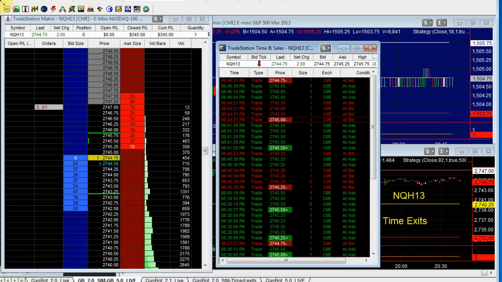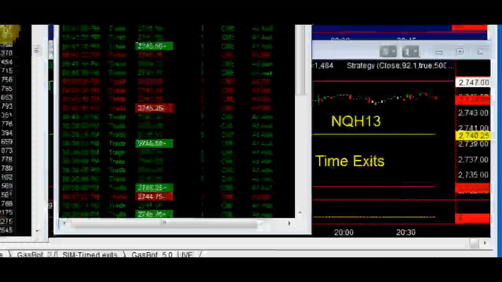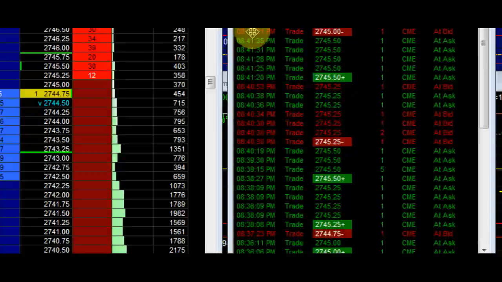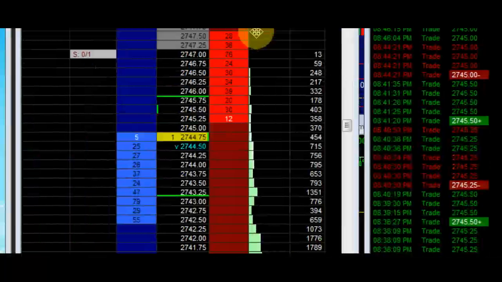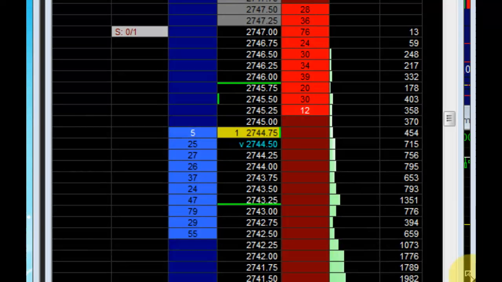Let me zoom in a little bit on that. So right now there are 5 bids at that 44.75 level. And we can see right next to that there's a 1. It's still that one trade. It's that slow that we're not seeing that many.